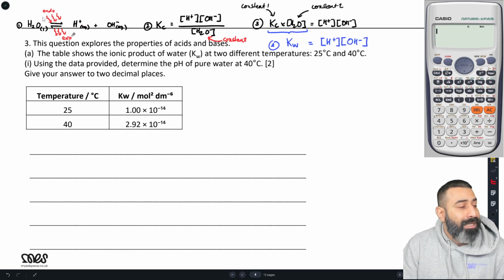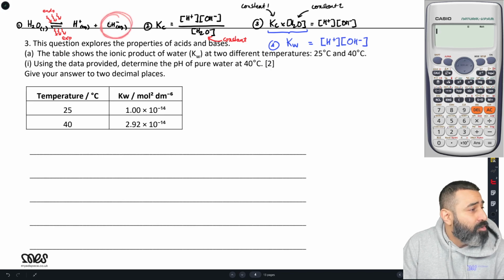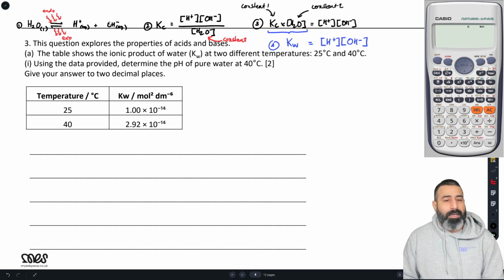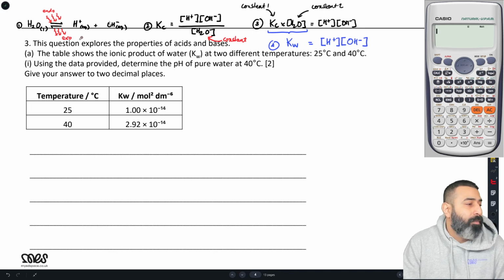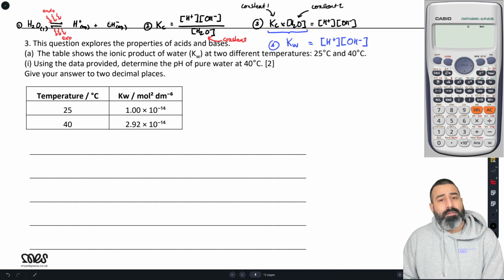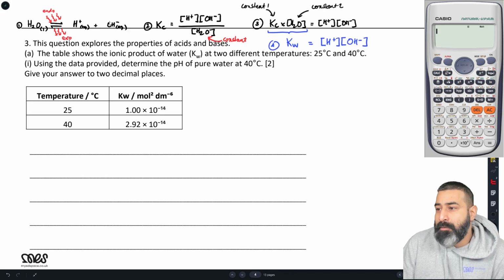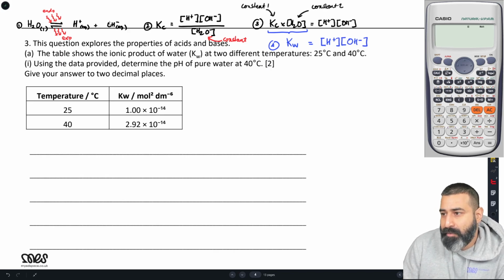But remember, it's still going to be neutral, because as the concentration of H plus ions increases, simultaneously the hydroxide ion concentration is increasing as well, okay? Because the relationship here in the chemical equation is 1 to 1. So for every H plus ion we get, we also get a hydroxide ion. Just remember that. So it's going to be neutral, okay? But remember that pH is a direct measure of the hydrogen ion concentration, so it's going to be less than 7 if we increase the temperature.